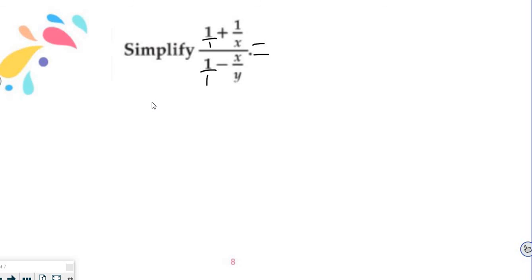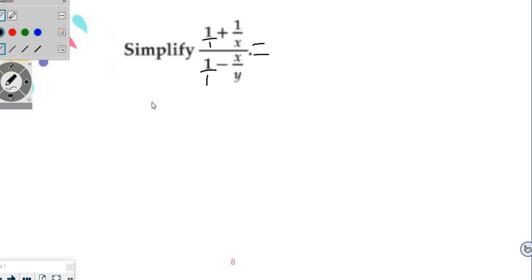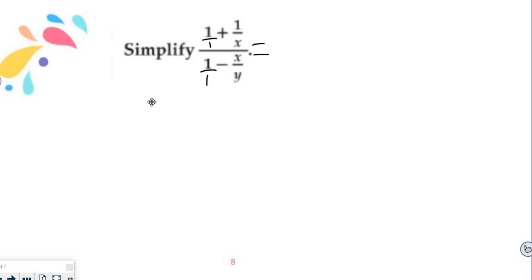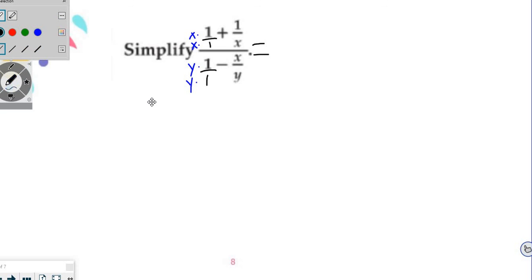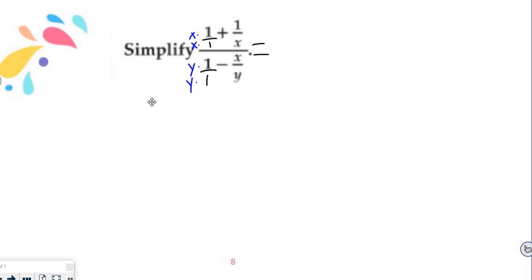If it was 1 and a million, it would be a million, right? So if it's 1 and x, what would our common denominator be? x. So that means that we would have to multiply our first one by x over x. And if it's 1 and y, then our common denominator would be y. So we would have to multiply by y over y.